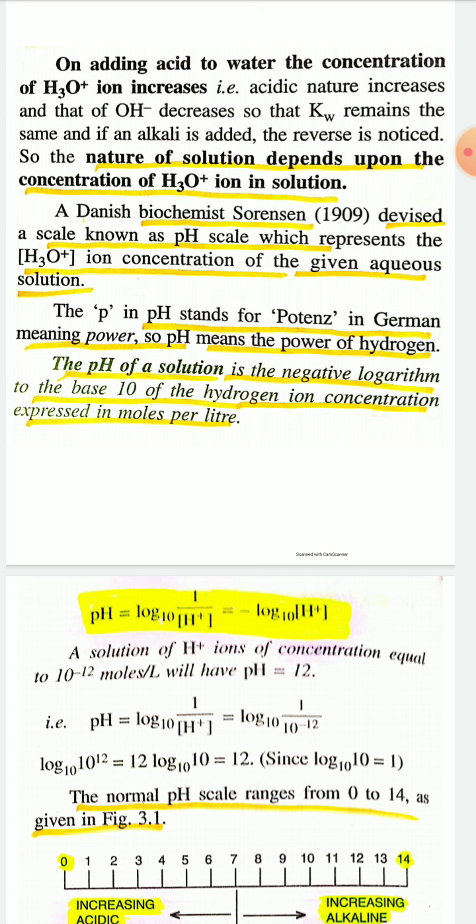If the concentration is 10 to the minus 6, then pH is 6. If the concentration is 10 to the minus 8, then pH is 8. It is just a simple mathematical expression.